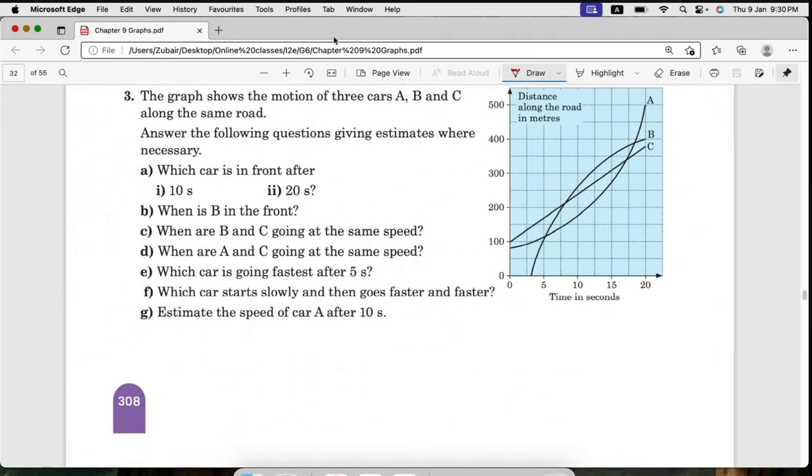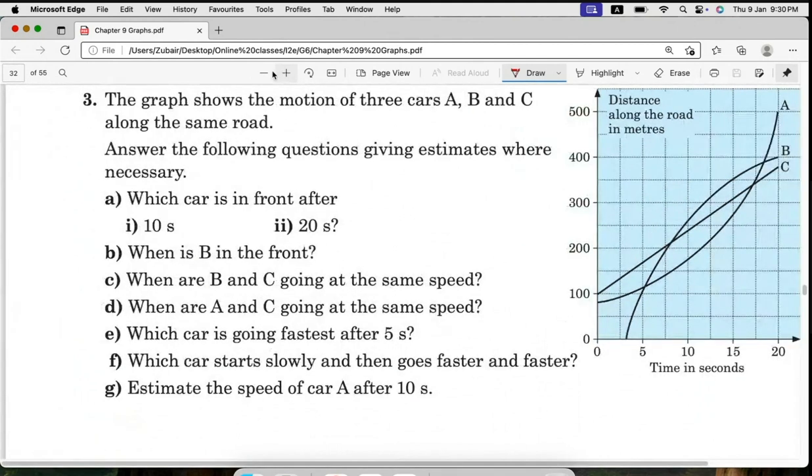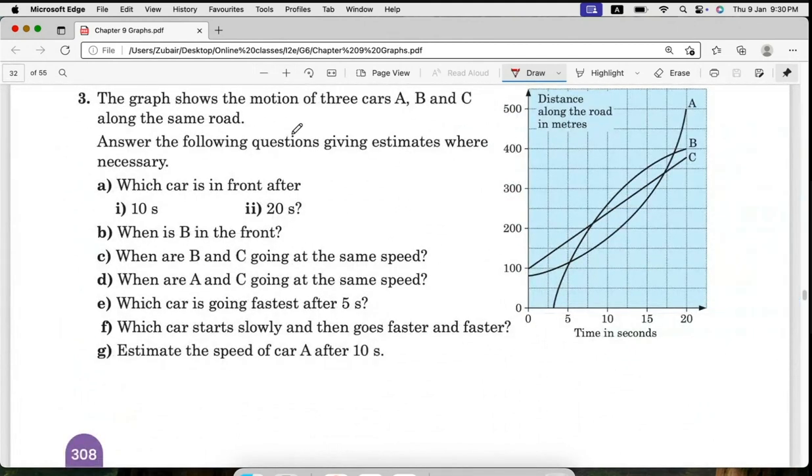Okay. Try question number three and try to do it with voice. Break the silence.